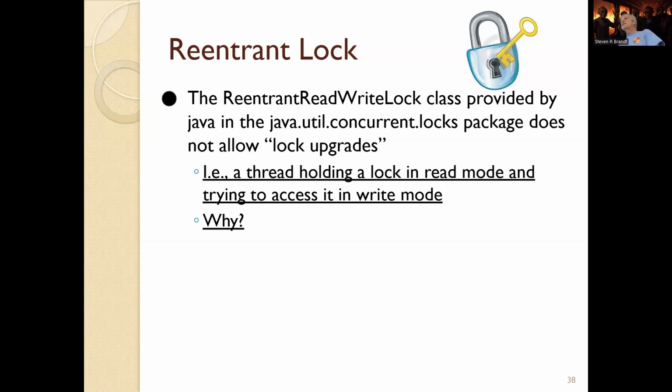So you can release the lock and then acquire a write lock, but you can't upgrade it. You can't convert it from a read lock to a write lock is the point. Because if two threads tried to do that at the same time, they would deadlock. And you're just asking for trouble that way.